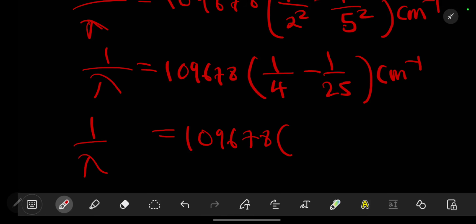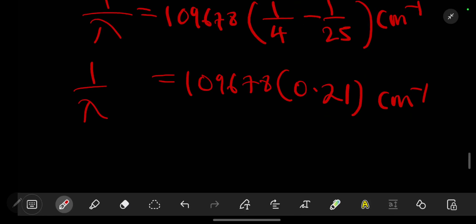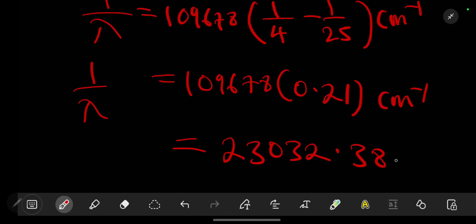This gives us a value of 0.21 centimeter to the power negative 1. Then we multiply this value by 109,678, so we have a value of 232, in centimeter to the power negative 1, which is 1 over lambda.